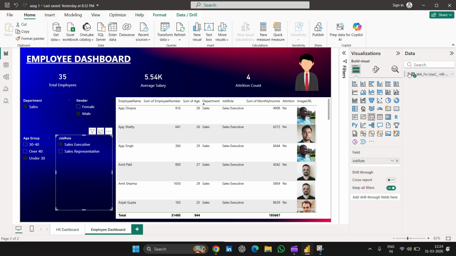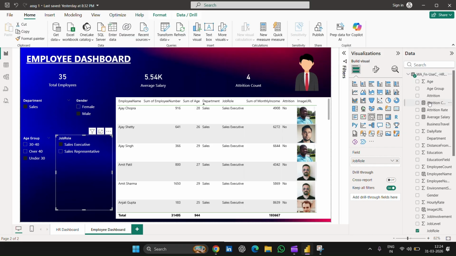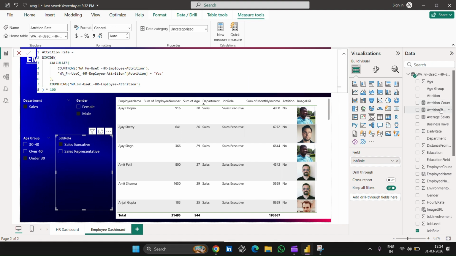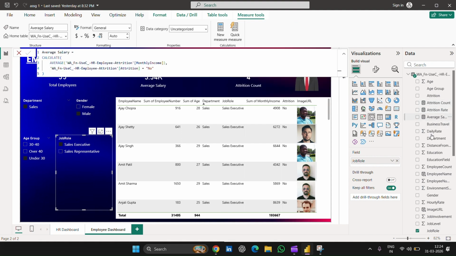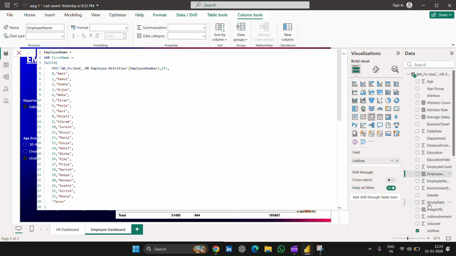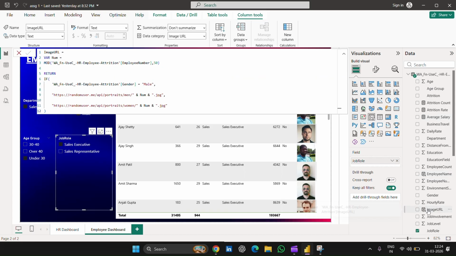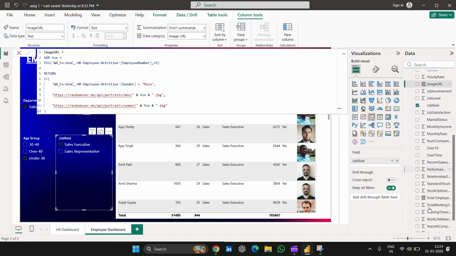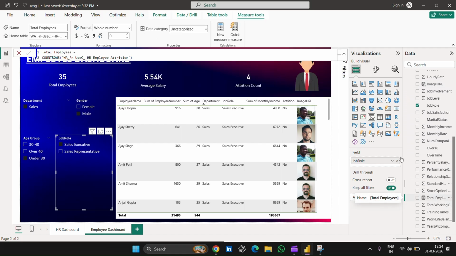And here I have used some text measures like attrition count, attrition rate, average salary, employee name, and image URLs. The employee name and the image URL I have taken from websites. And the total employees is also included in the table by using new measures.